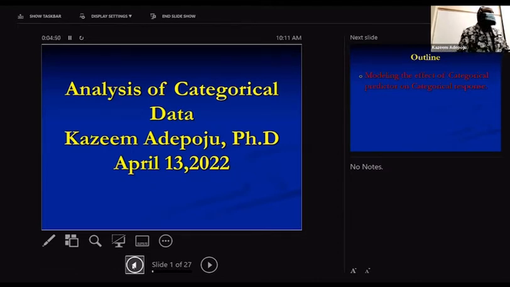I told you the other time that the statistical method we use depends on the nature of data, particularly the nature of the response variable and the nature of the predictor. I remember when we started, if you're trying to characterize a relationship between variables, and if the nature of the response is continuous, you're basically going to fit linear regression.